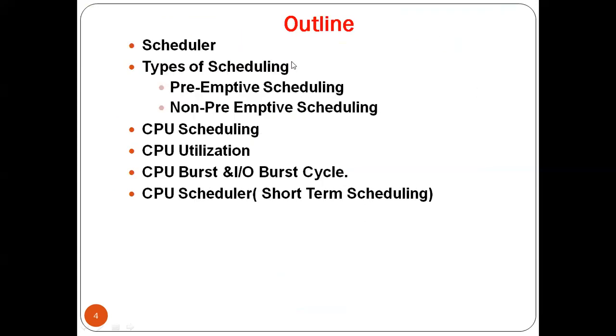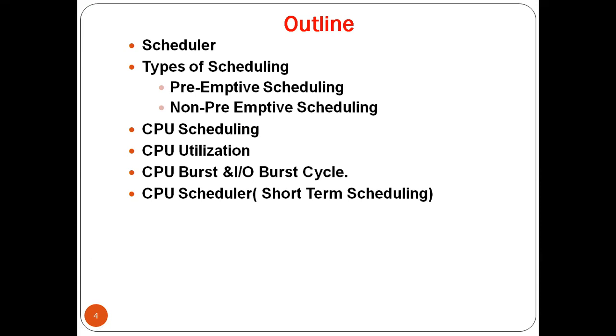Let's have an overview of today's session. First, we'll be discussing what is meant by a scheduler and what types of scheduling are involved. There are two types: one is preemptive scheduling and the second one is non-preemptive scheduling.